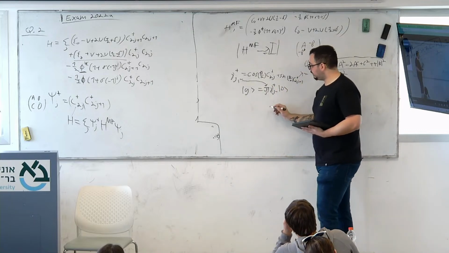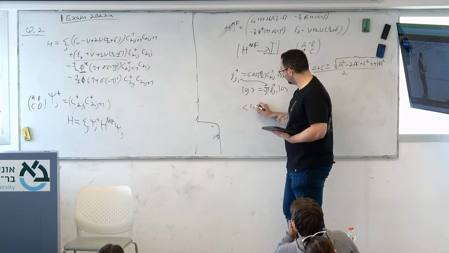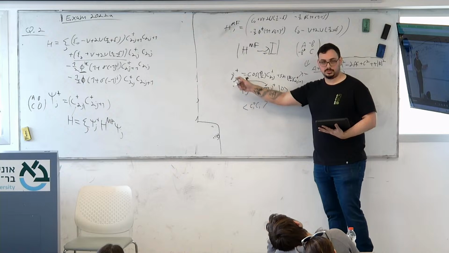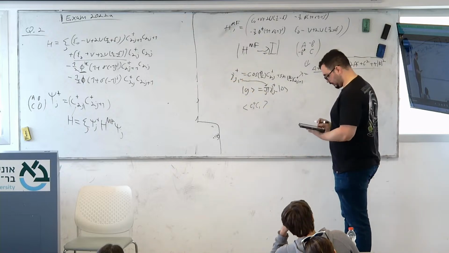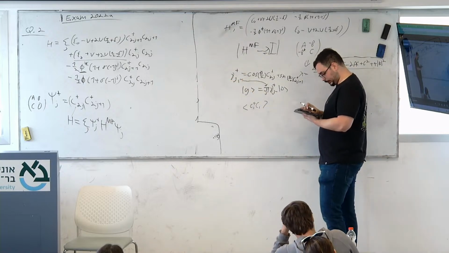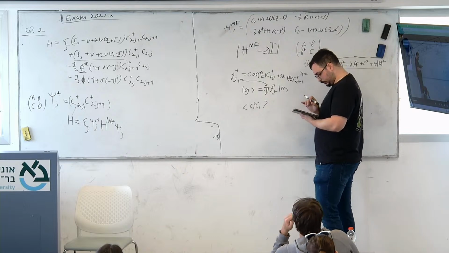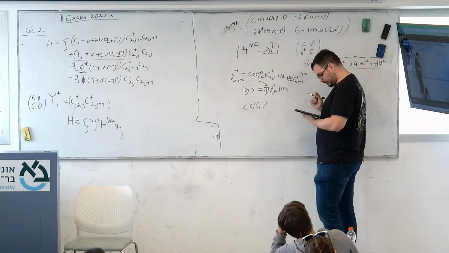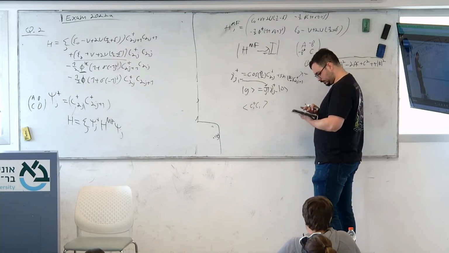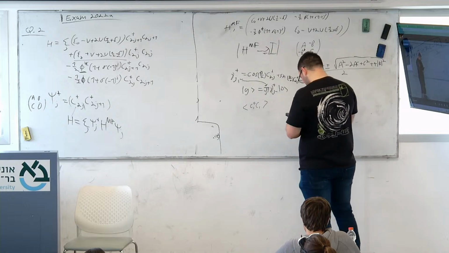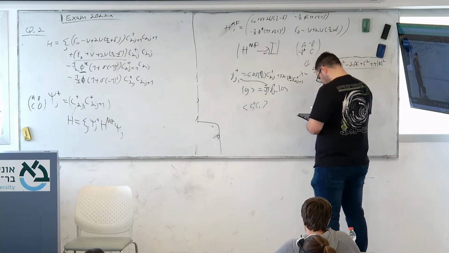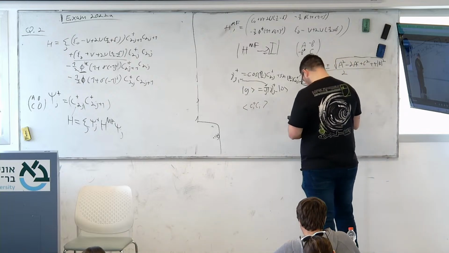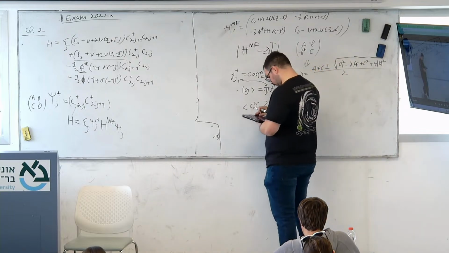Instead, I'd like to take, for example, Ci dagger Ci and transform the C's into gammas.